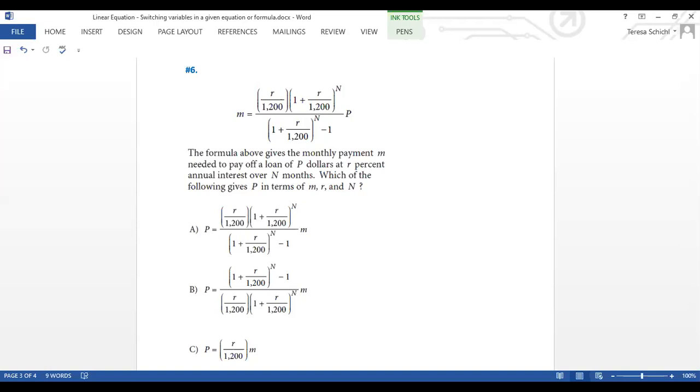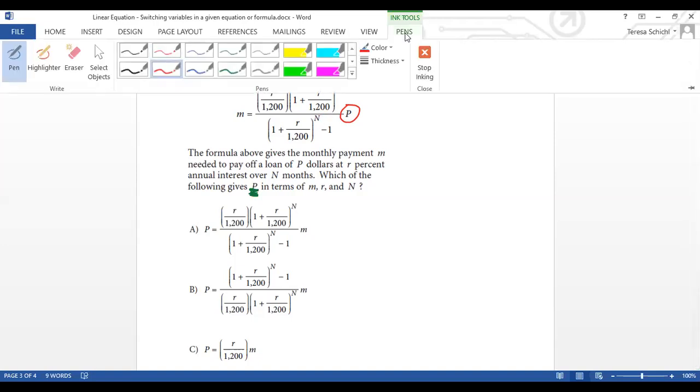So they said the formula above gives the monthly payment M to pay off a loan in dollars at an R% annual rate for N months. Which of the following gives P in terms of M, R, and N? So here I'm looking for P, so I'm trying to solve for P. These things look scary, but it's just a fraction.